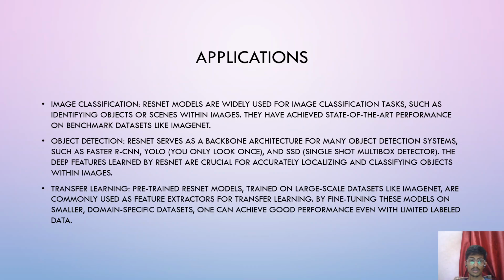Transfer learning. Pre-trained ResNet models trained on large-scale datasets like ImageNet are commonly used as feature extractors for transfer learning. By fine-tuning these models on smaller domain-specific datasets, one can achieve good performance with limited labeled data.